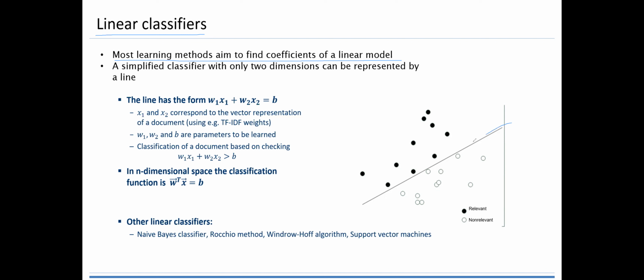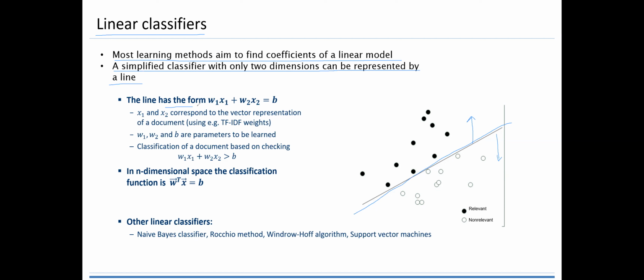If it is a classification, we can just split this by a line, and the upper side is relevant documents and the below side is non-relevant documents. It is a simplified classifier with only 2 dimensions, so it can be distinguished by a line.